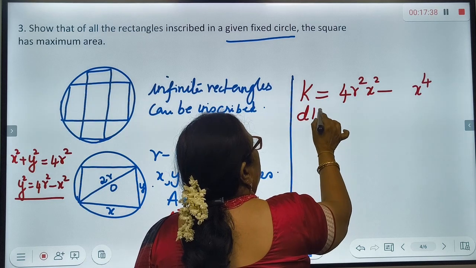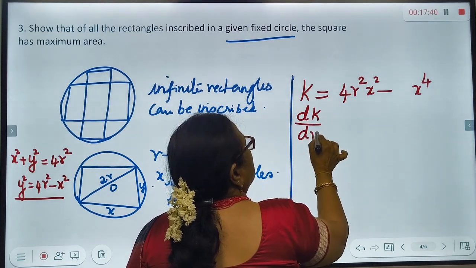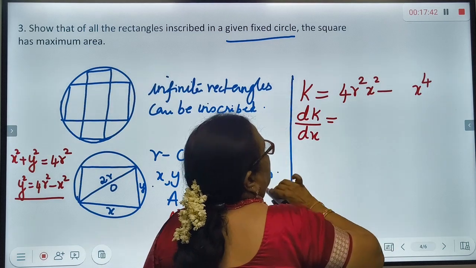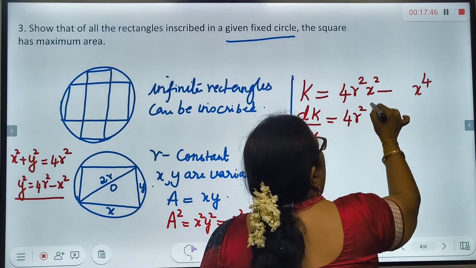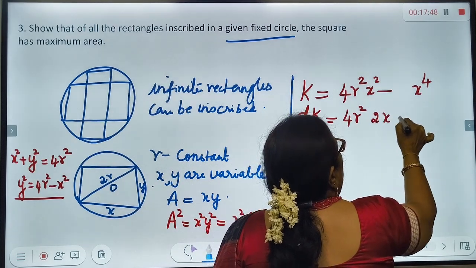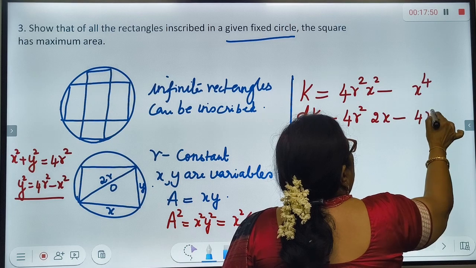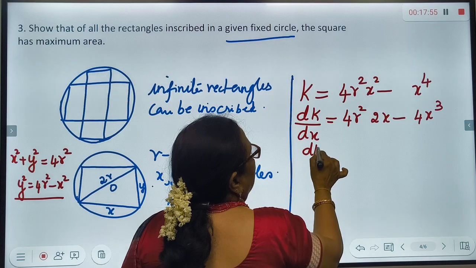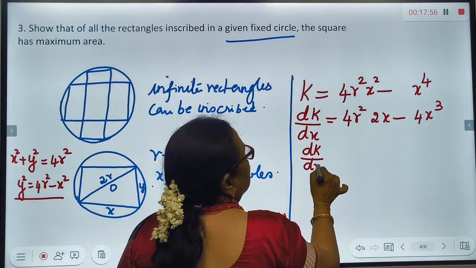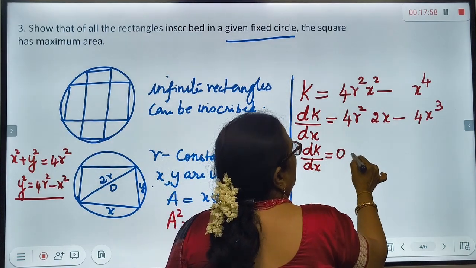Now dk by dx, because only x is a variable, r is a constant, will be 4r square, a constant, into the derivative of x square, which is 2x, minus 4x cube. To find the critical point, dk by dx is equal to 0.